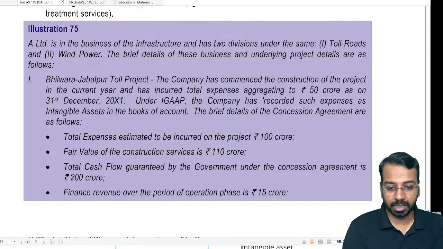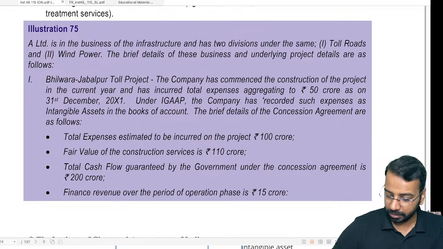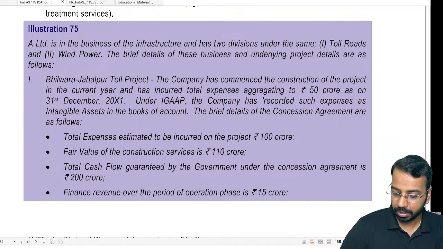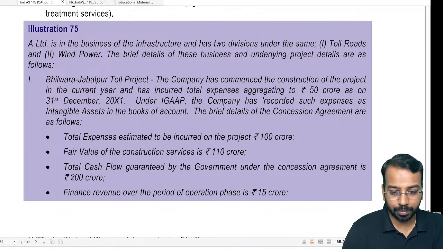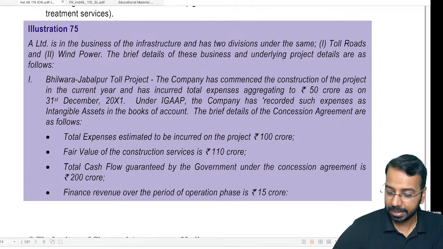The company has commenced the construction of the project in the current year and has incurred expenses aggregating, so let me note them down simultaneously, 50 crores. Under IGAAP, the company has recorded such expenses as intangible assets in the books. We will see what other details are given.